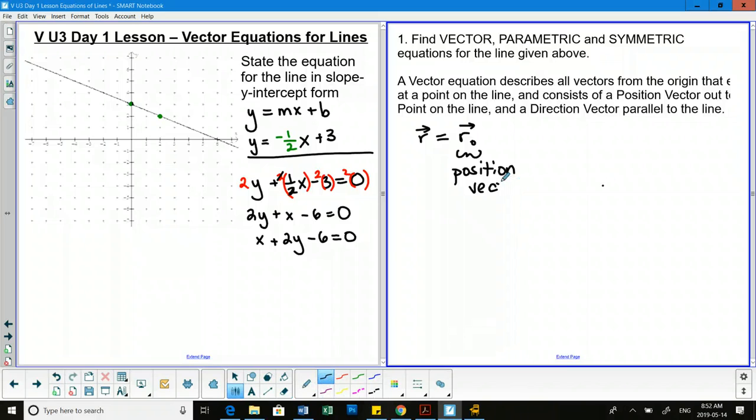Then we have some parameter t, which means it can be a scale multiple of this vector. And then we'll have our m vector, which we call m because it's taken from slope, and that tells us our direction. So this will be our direction vector.